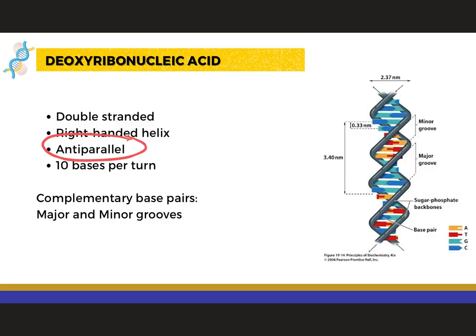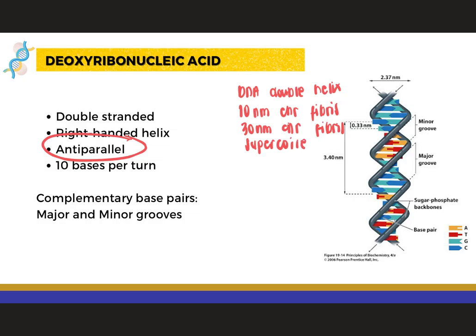So, with regards to levels of DNA organization, again, DNA is a double helix. It is composed of 10 nanometer chromatin fibril, also 30 nanometer chromatin fibril, and supercoiled structure, and meron din siyang chromosome.